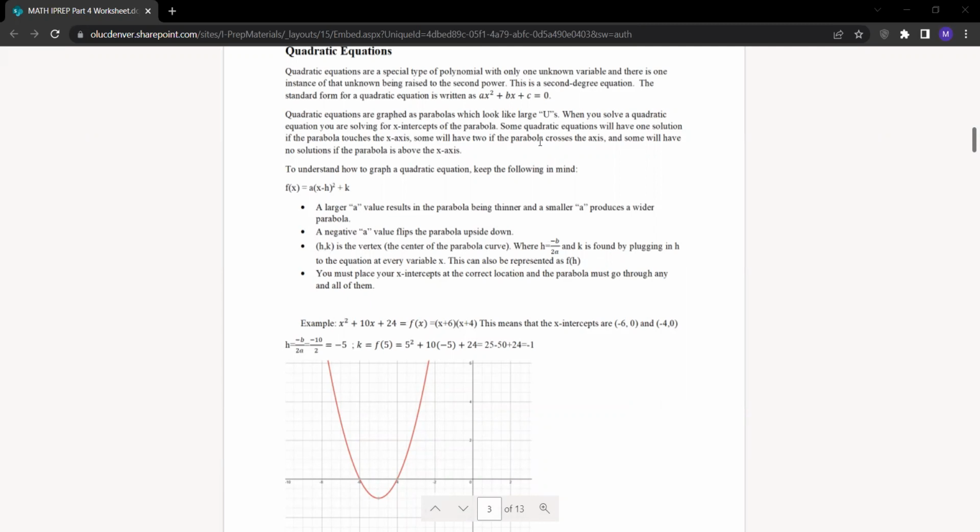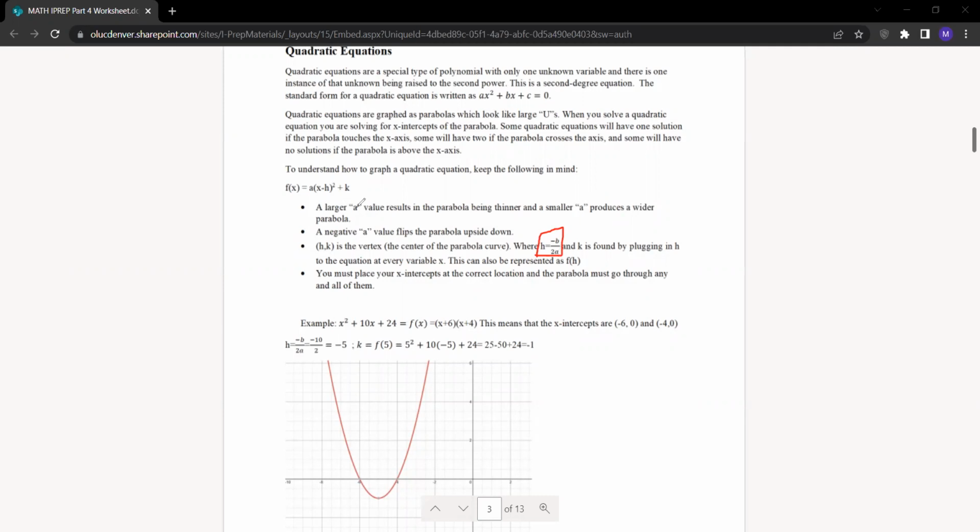To understand how to graph an equation, we keep the following in mind. This equation right here, f of x is equal to a(x minus h) squared plus k, we use that to find this other one down here, which is what we're actually going to use. We have h is equal to negative b over 2a, where (h, k) is our vertex. We plug in b and a for that, but we'll come back to that.